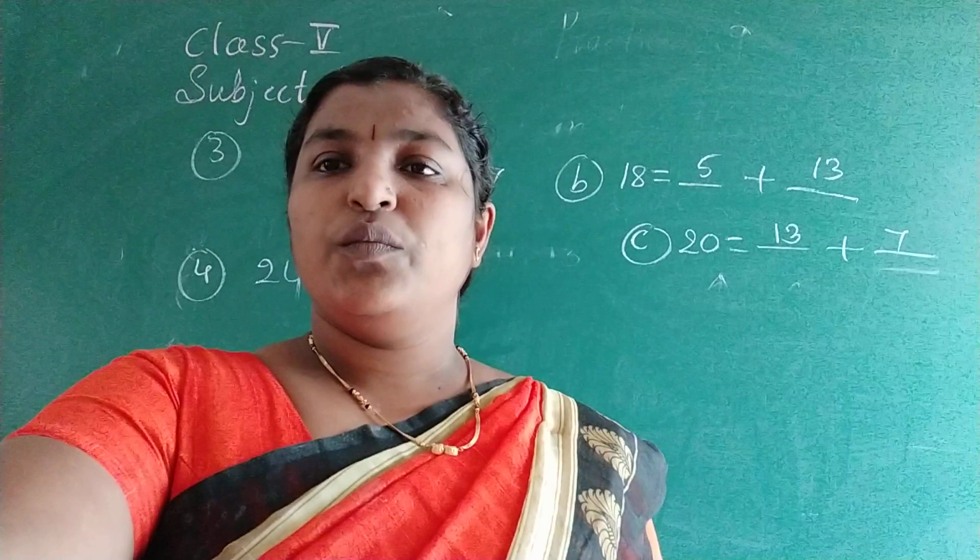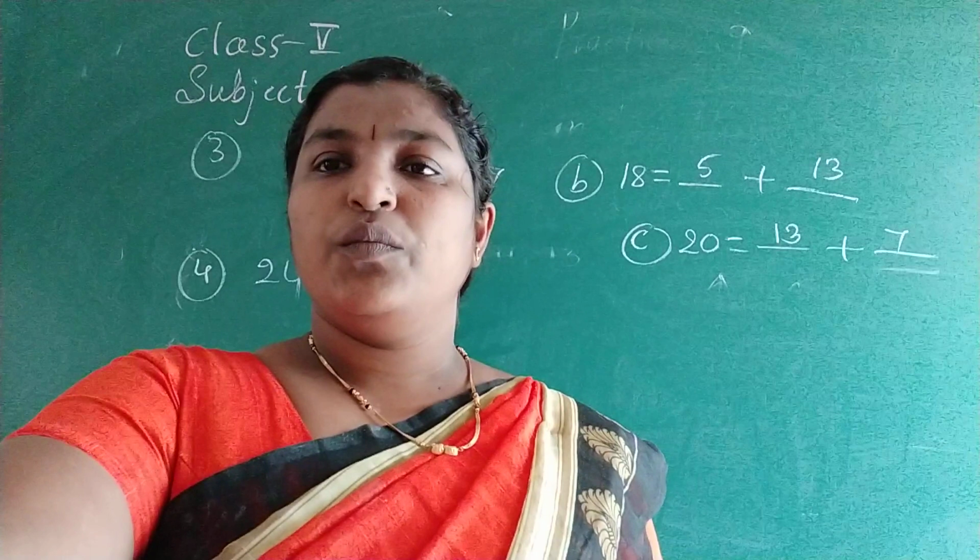So these two numbers, if we add, that time you should get 12. Okay. If we do 5 plus 7, what will we get? 12. So these two are prime numbers. So first one, A. Express each of the following as the sum of two prime numbers. A, 12 is equal to 5 plus 7.